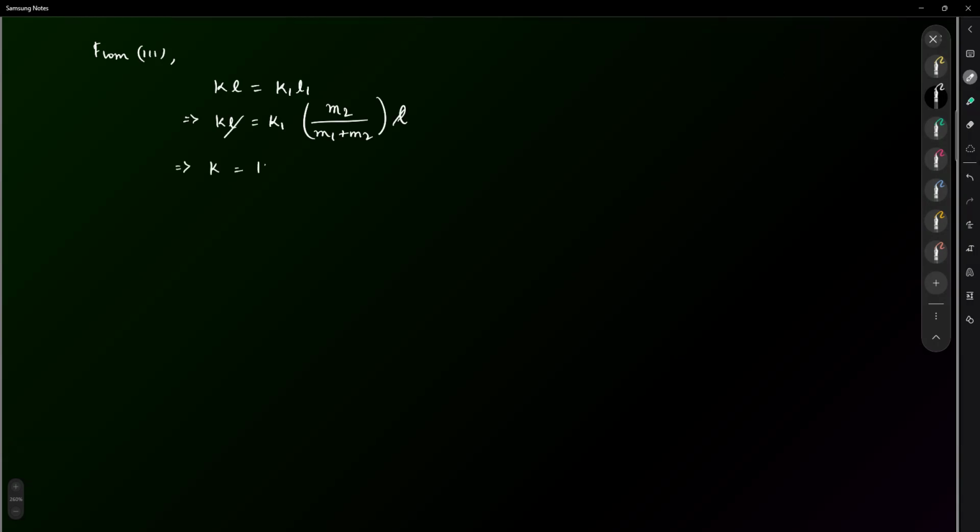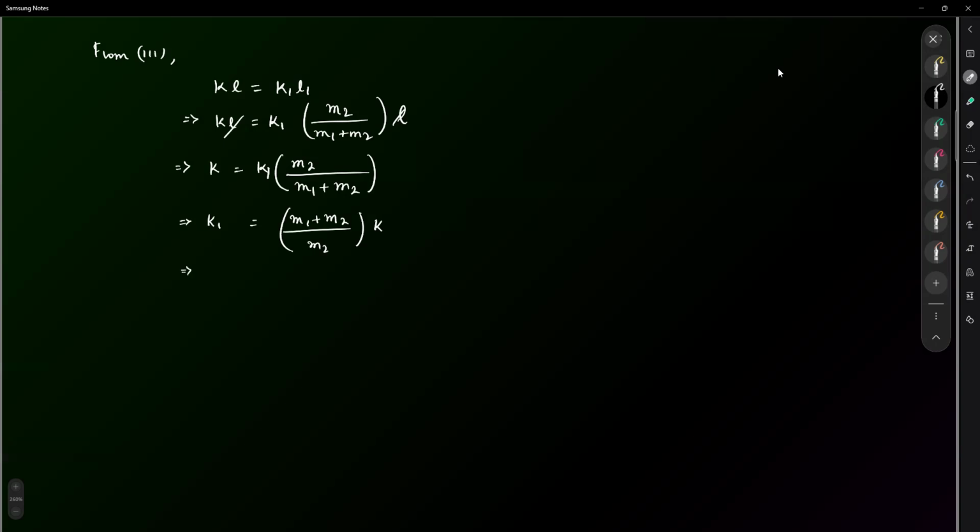So K is equal to K1 into M2 by M1 plus M2. Rather, this is K1. Before that, can I write K1 as M1 plus M2 by M2 into K? Is it clear to this portion?